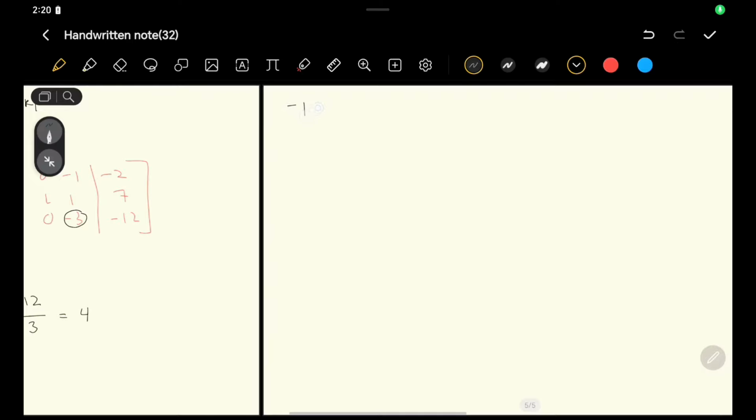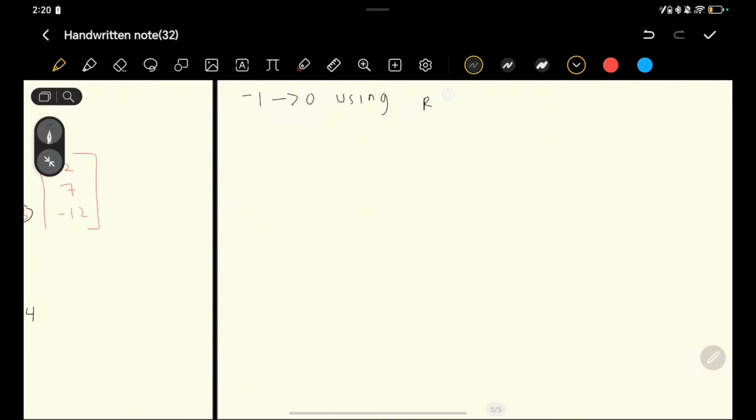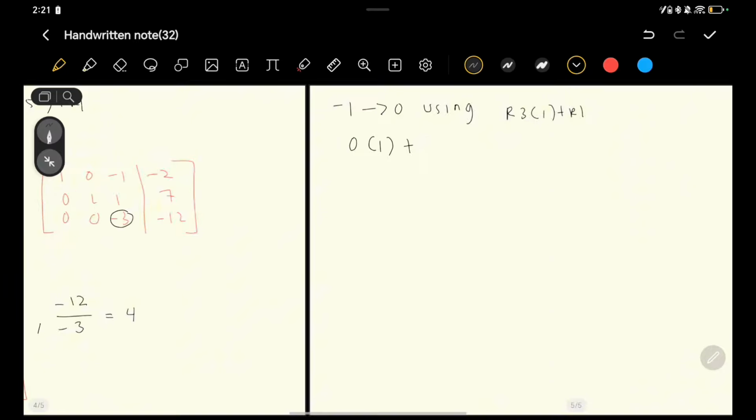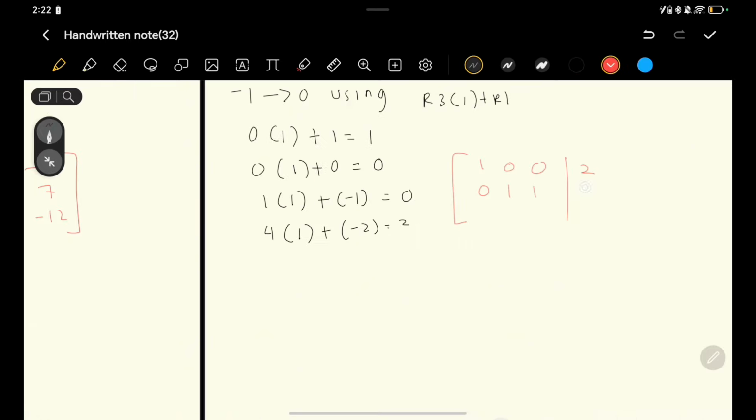Now we wanted to change -1 into 0 by using row 3 as the base times by 1 plus R1. Transfer the new value of row 1 into the augmented matrix.